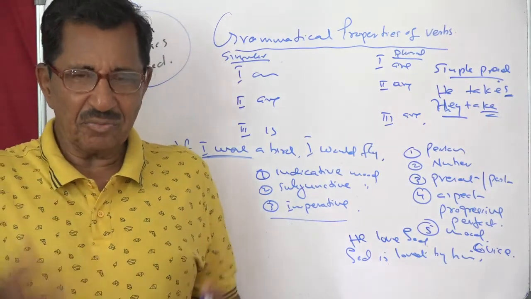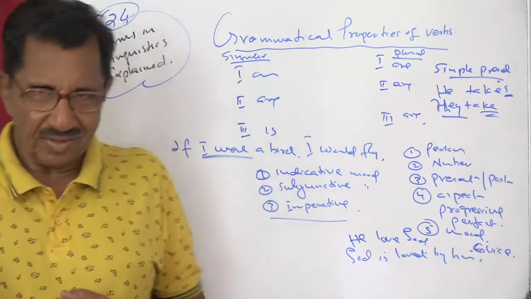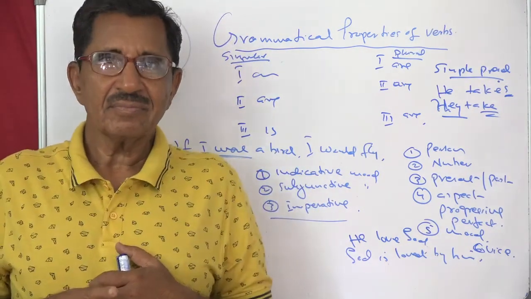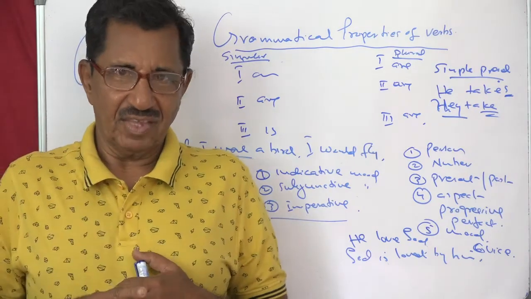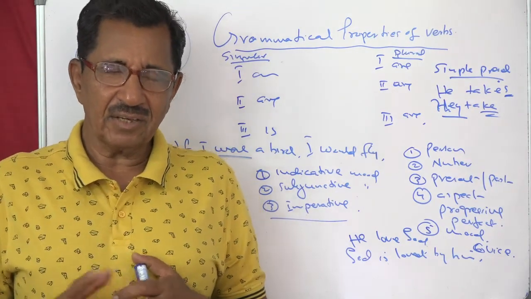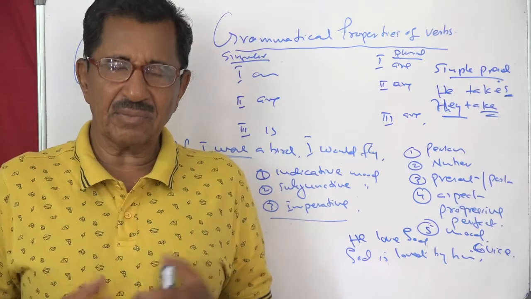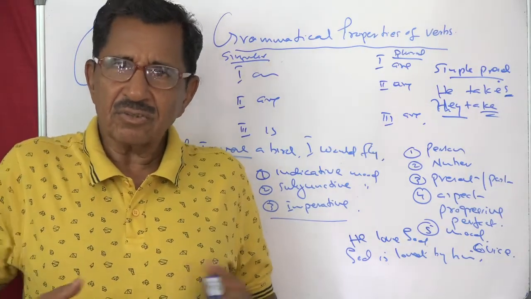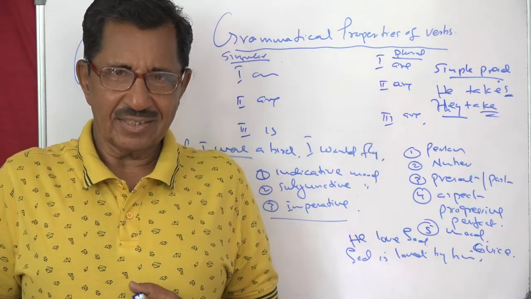And once you master this in 25 or 30 hours, it is a lifetime achievement for you. Why do I always say the study of grammar, mastery of grammar, is a lifetime achievement? Because grammar does not change. See?